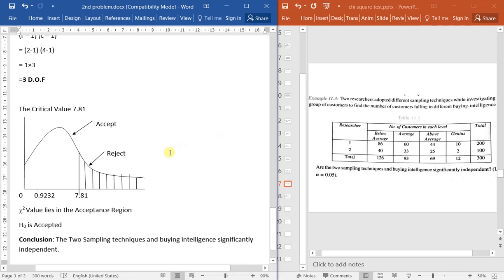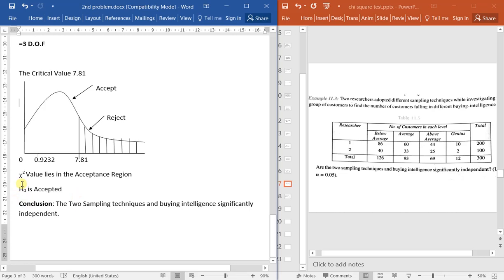Here your calculated chi-square value is falling in the acceptance region. Therefore you write: the calculated chi-square value lies in the acceptance region, therefore H naught is accepted.